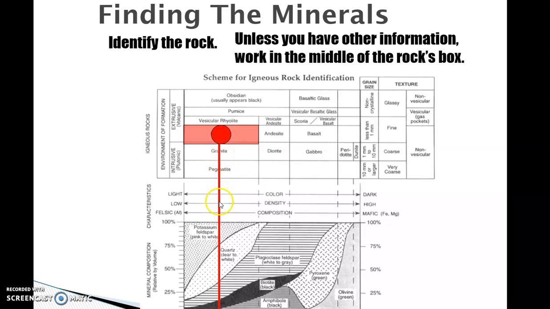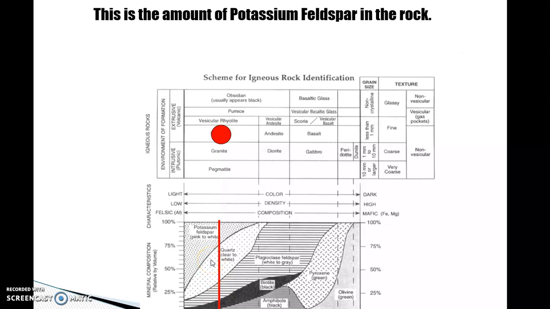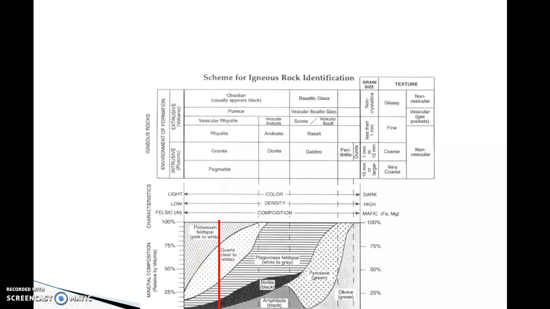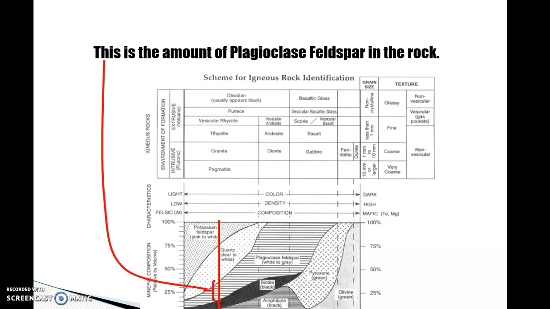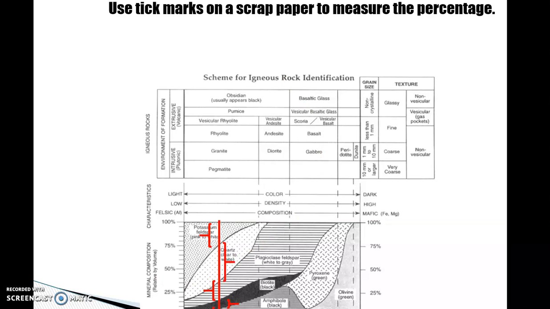As you go down from rhyolite, you're going to see this whole section of minerals down here. Now you'll notice the red line intersects each of these sections. So for example, potassium feldspar, quartz, plagioclase feldspar, biotite, and amphibole, those all make up a certain percentage of the rock.